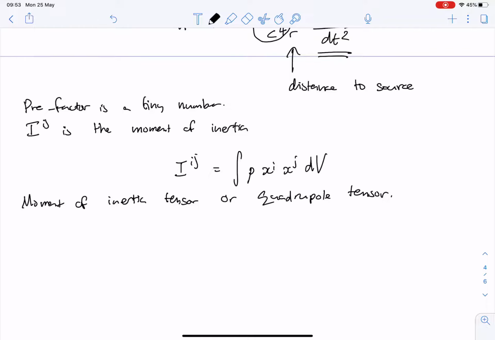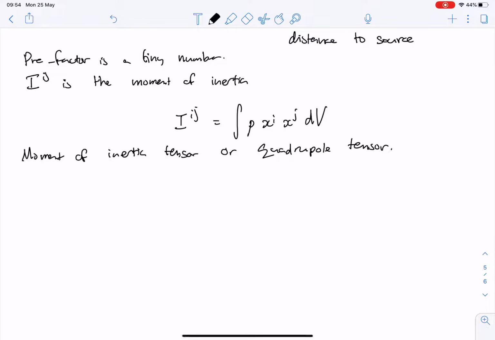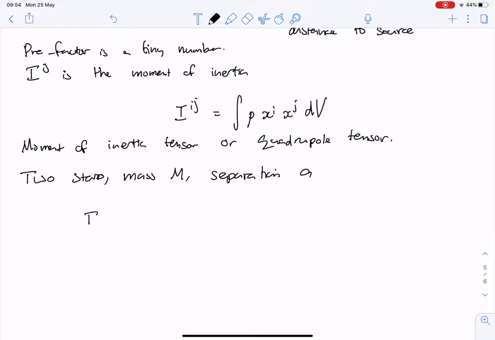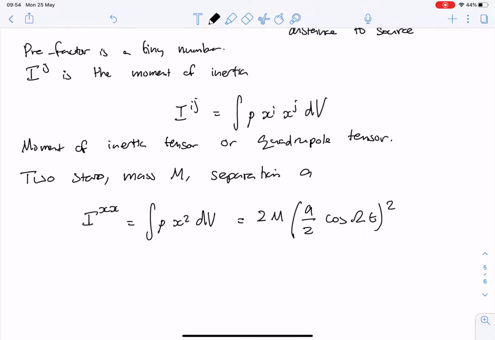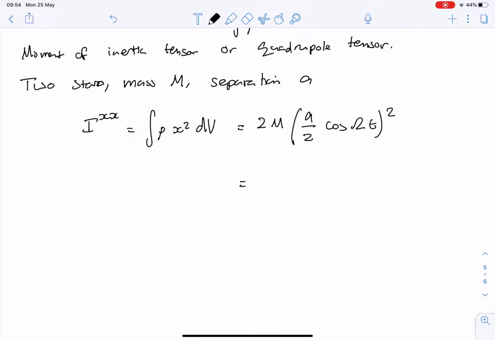So let's look at two equal masses, mass m, separated by some separation a. I_xx is just the integral of rho x squared dV, which is equal to 2m times a over 2 cos omega t squared, which is equal to 1/4 m a squared (1 + cos 2 omega t), just multiplying and using the double angle identities.